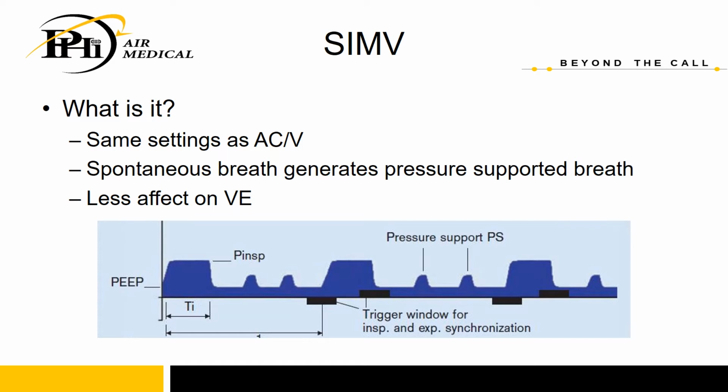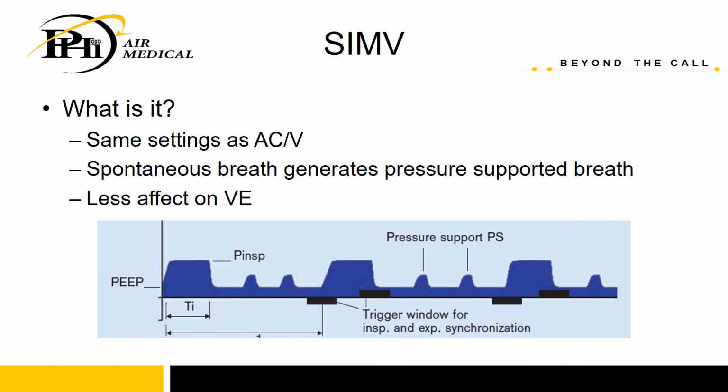With SIMV, if the patient takes a breath, they are going to get something called a pressure-supported breath, which is generally going to be a lot smaller than a machine breath. You can see on this graph down below, you have these three larger breaths, and those are the machine breaths at a tidal volume of whatever you've set, your 550 milliliter tidal volume.